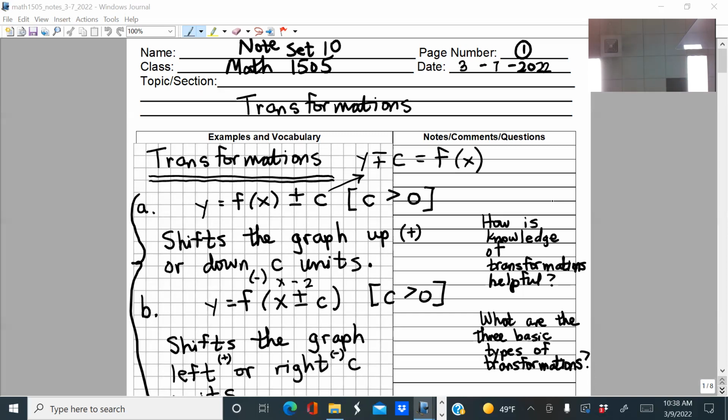Furthermore, what transformations does is, if we know some simple graphs, or if we know the shape of some graph, say we already have graphed some curve, so we already know what it looks like, then transformations allows us to use that information to graph more complicated curves that are similar to, but not exactly the same as the curve that we're starting with, or that we already know the graph of.